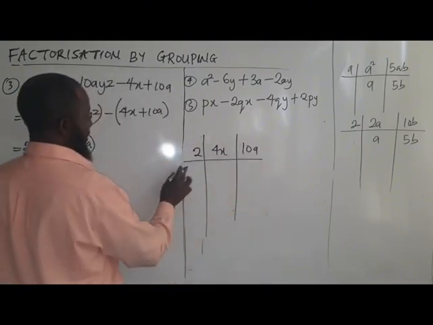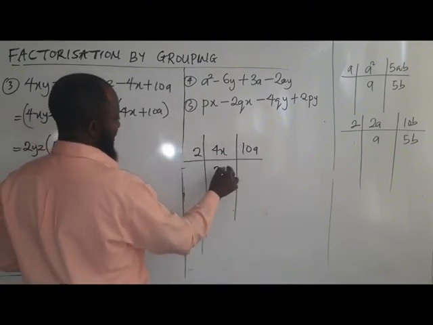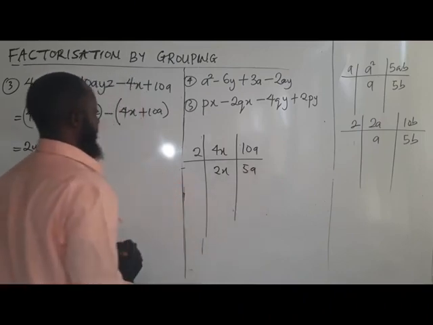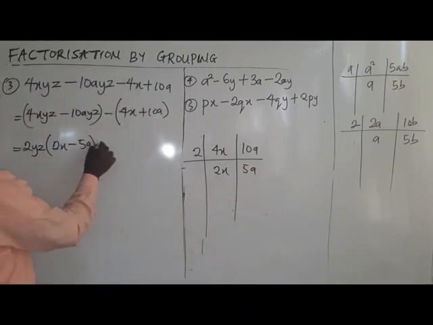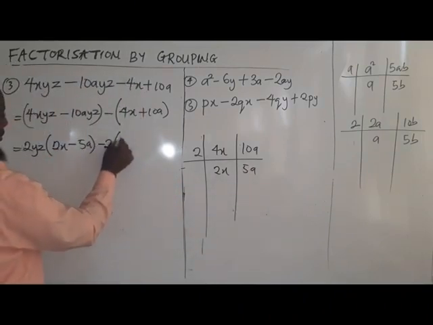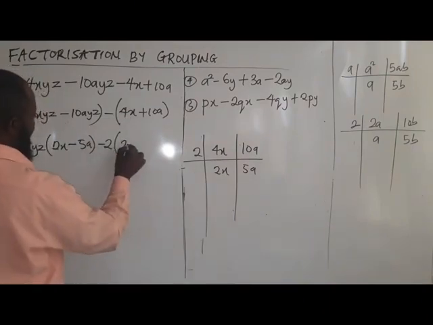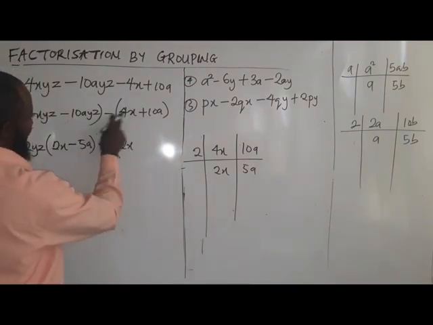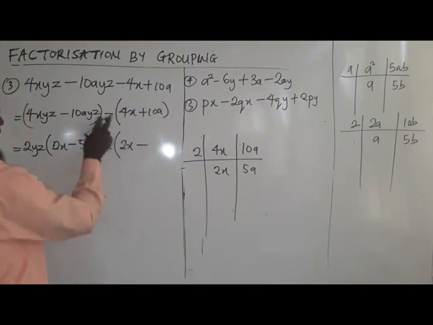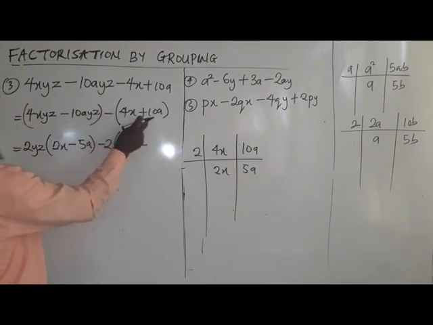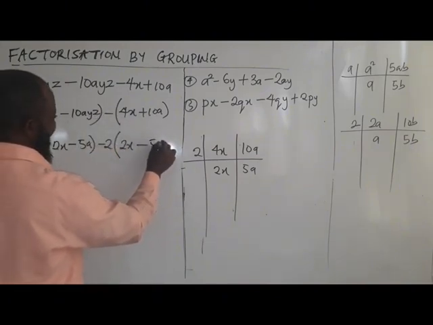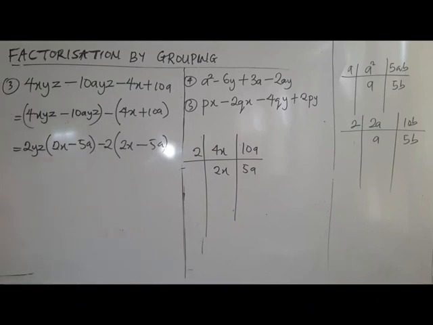So 2 is also common as well, and that is 2x and then 5a. So this will then be minus 2x. Minus times plus is minus. Don't put plus here, because we have minus outside there. Use it to multiply this 5a, just like the one I just explained.